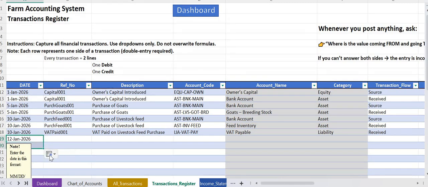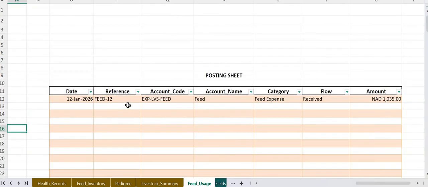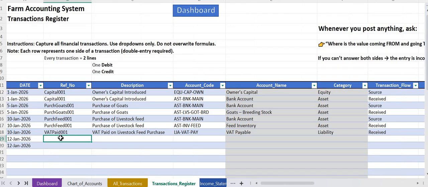Let's roll it down so that we can have 2 lines. And then we said feed expense. Let's quickly see what it says here. What is the reference? Okay, feed 12. Let's use that as the reference. Whatever reference you want to use, it's fine.